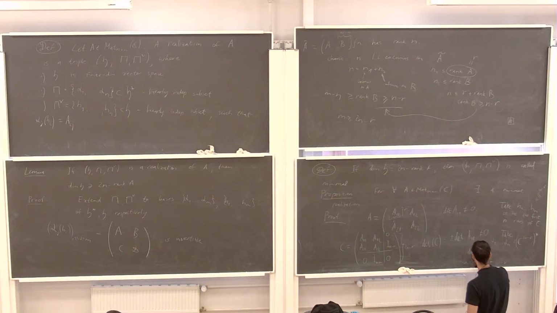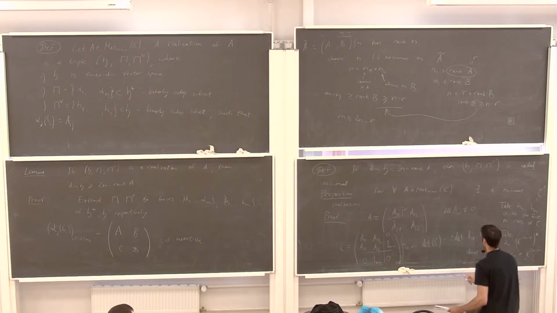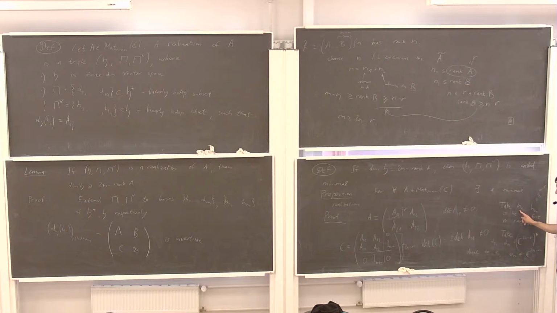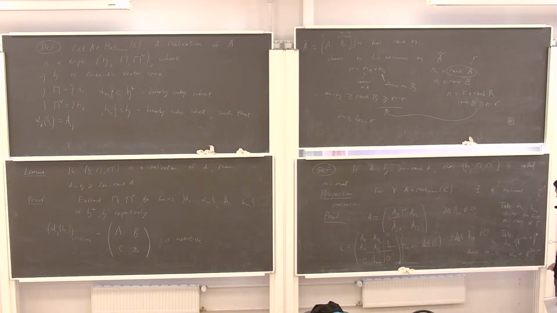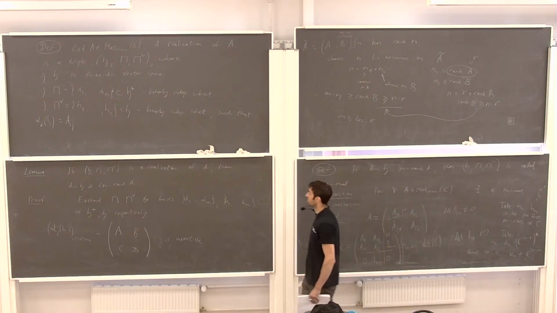So dual to E1, ..., En in C to the 2n minus r. So if I take something like this, then this will be a minimal realization. Then alpha i computed on Hj is exactly the corresponding entry in A. They are linearly independent, both of them, and the space H is 2n minus r dimensional. Okay.